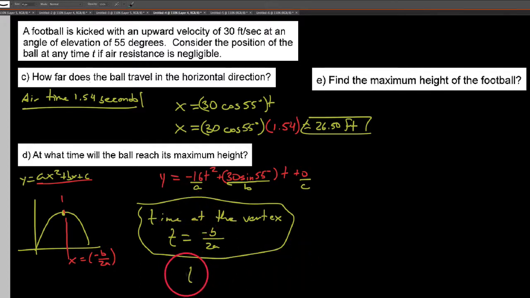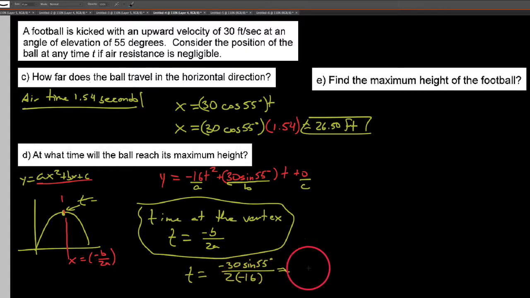The time at which it reaches its maximum height would be negative b, which is our 30 sine 55. Negative 30 sine 55 is our b value, and we put that over 2a, so 2 times a, which is negative 16 here.